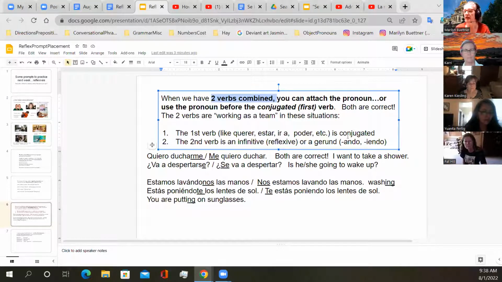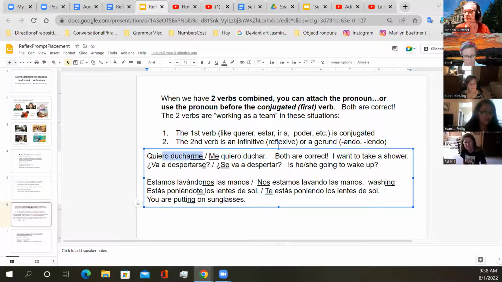That means if I'm combining a conjugated verb with an infinitive, where verb number one is a verb like querer or poder, verb plus infinitive, when you say you want to do something, you can do something, you're going to do something. That's the two verb thing: one verb conjugated, the second one an infinitive.